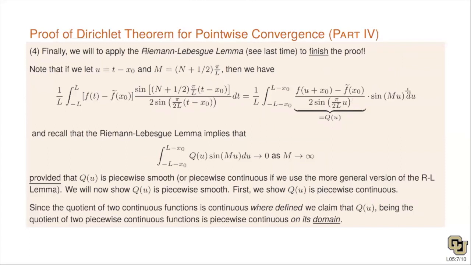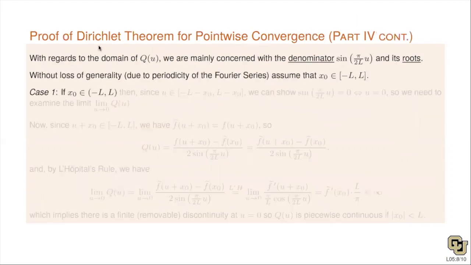In this integral, the U variable is going to be in between minus L minus x naught and L minus x naught. I only care about U in the context of this integral. So in the context of this integral, I can assume our U variable is between minus L minus x sub 0 and L minus x sub 0. That's where I'm getting this statement right here.